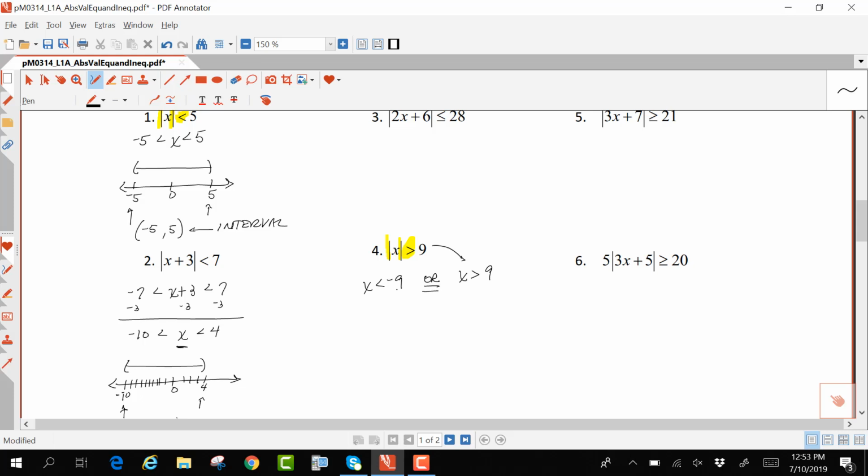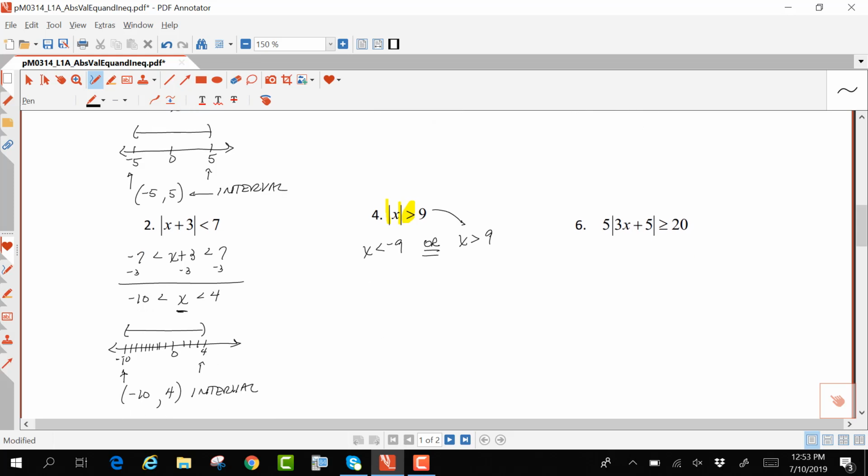Your x is isolated. It's not being added to a number or multiplied by a number. This is really your solution. So now to graph this, I need to get those 2 numbers on my number line, the +9 and the -9. X greater than 9 is to the right of the 9. And notice that the arrow on the greater than is to the right, so my graph is to the right.